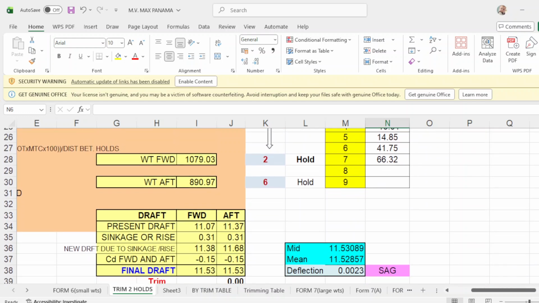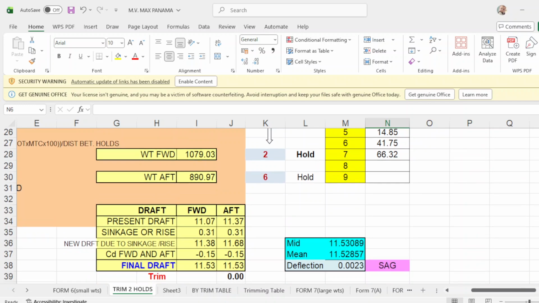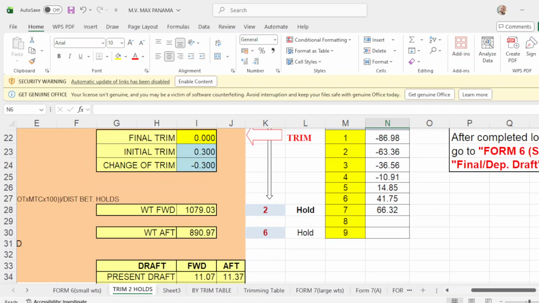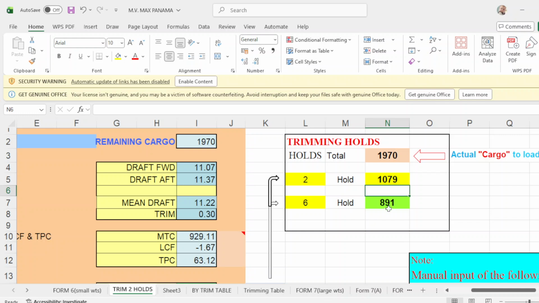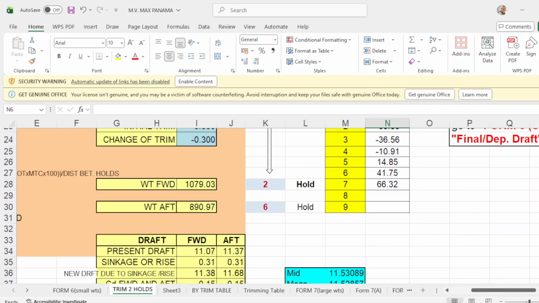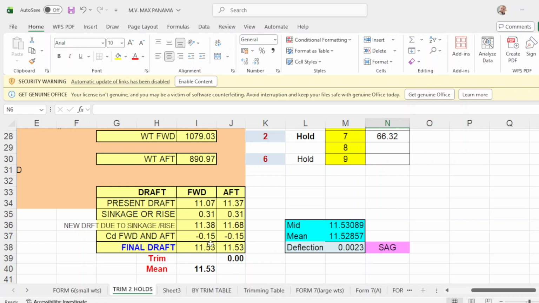So here you go. You have even keel, so the recommended for number 2 should be 1079. You put here 1079 and number 6 will be 891. So 891 here. And this is your departure drop of 11.53, even keel. Okay.